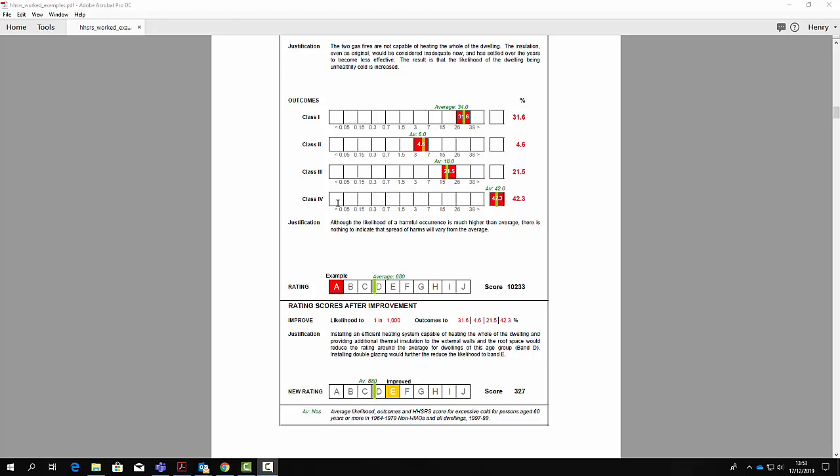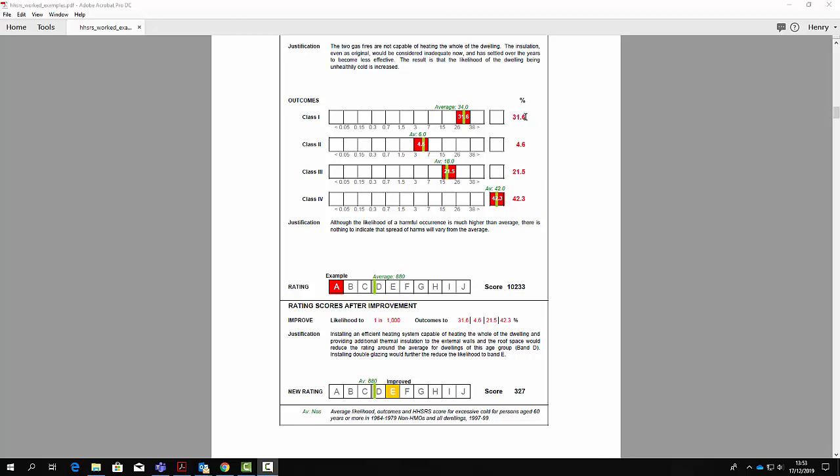And then class 4 health outcomes are the much more moderate ones that might cause a few days off work, or likely to be some kind of low-level issues and discomfort. So you're saying 42% of the time you're going to suffer from those issues. So if harm does occur.